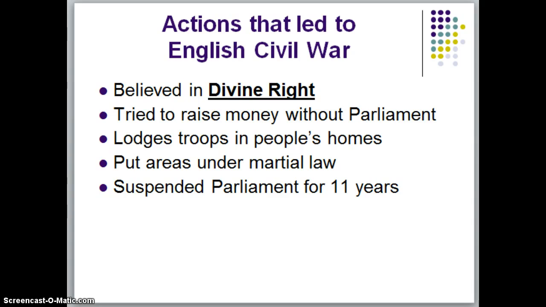He's going to allow troops to go stay in people's homes to set up shop, so to speak, to stay there for a while. He's going to put areas under martial law. And this is the big one. He is going to suspend Parliament for 11 years.